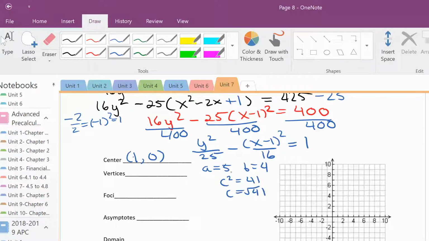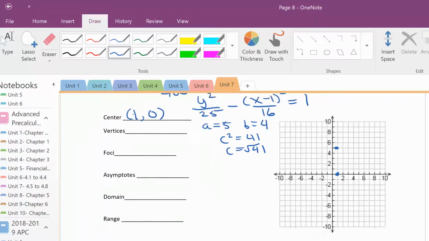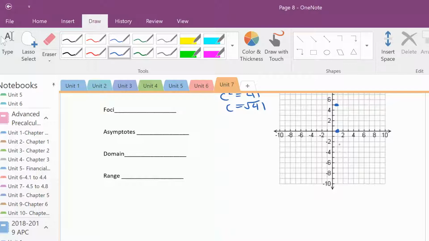So your vertices, you're going to start at 1, 0. So it's right here, and you're going to go up 5 and down 5. So 1, 5, and 1, negative 5 there.